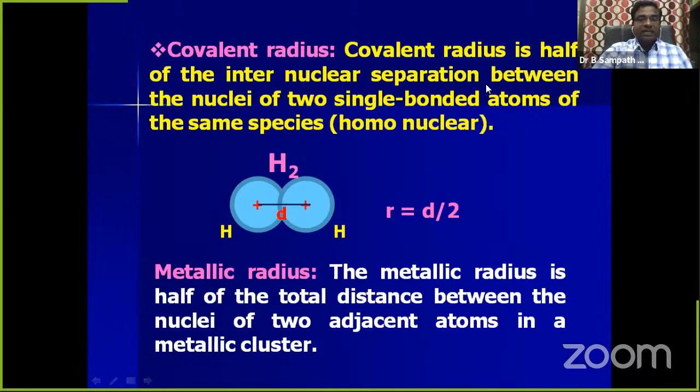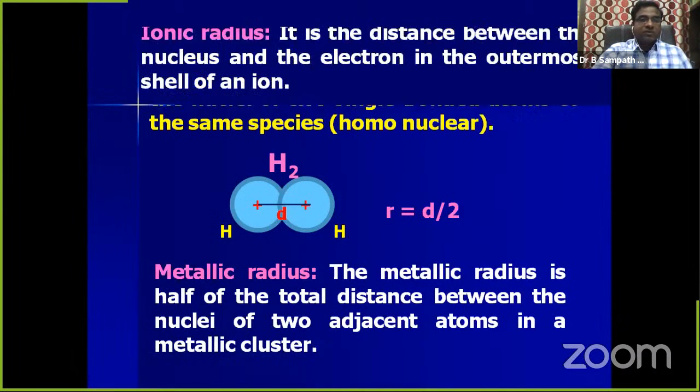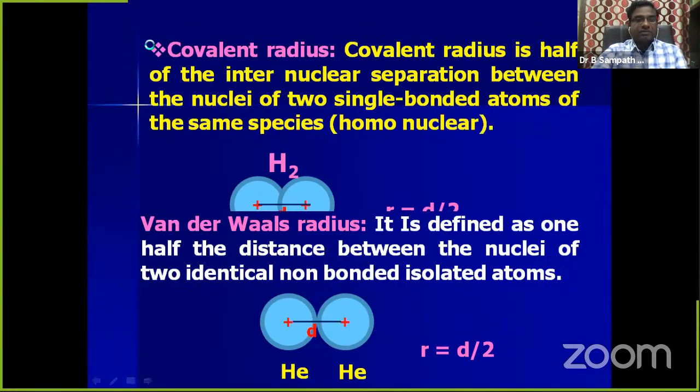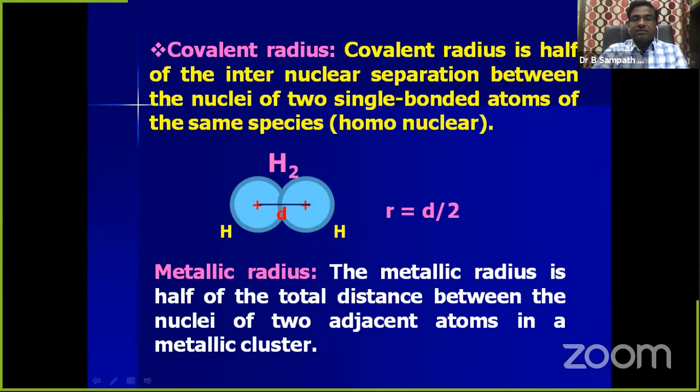That is the covalent radius. Covalent radius is half of the internuclear separation between the nuclei of two single bonded atoms of the same species, that is homonuclear.